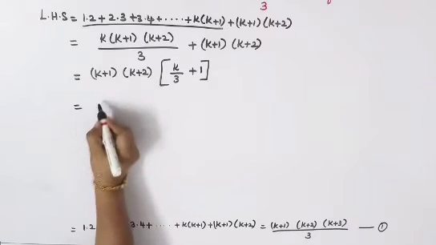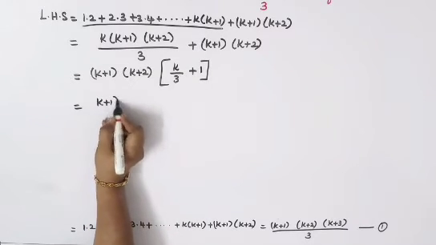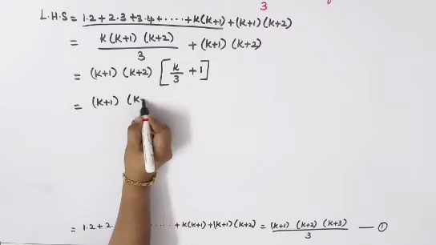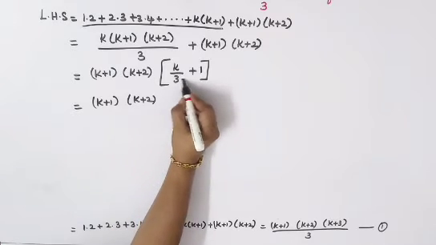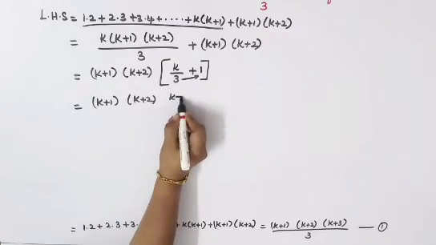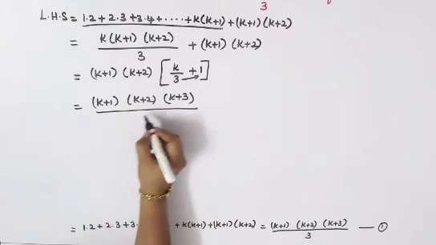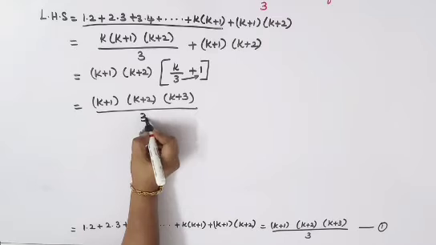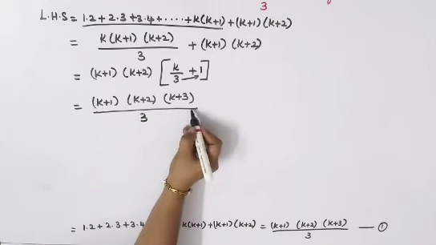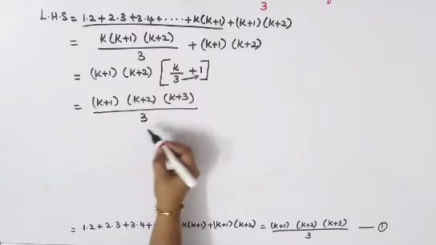So that is equal to k plus 1 into k plus 2. Now go for your cross multiplication. So k plus 3 divided by 3 will be there. So just take the whole thing divided by 3.